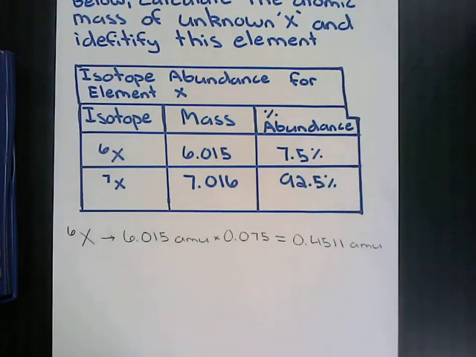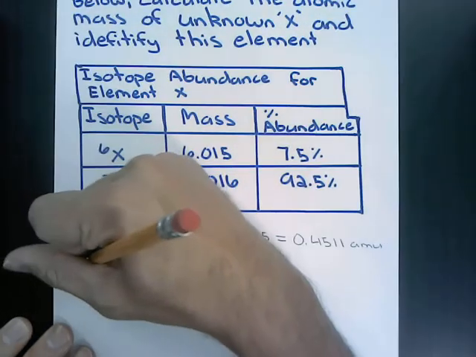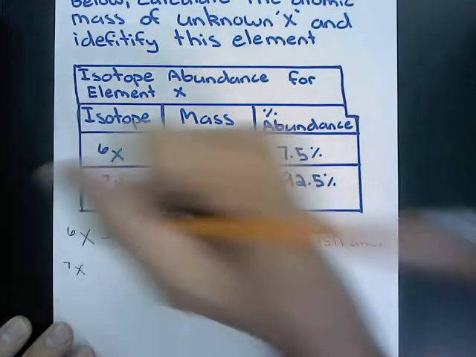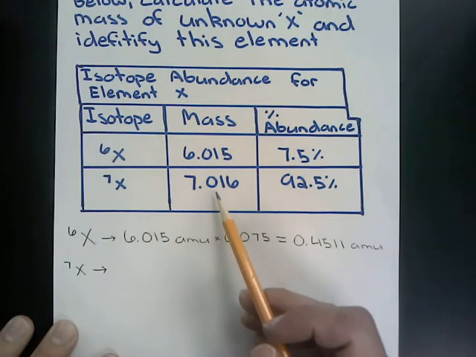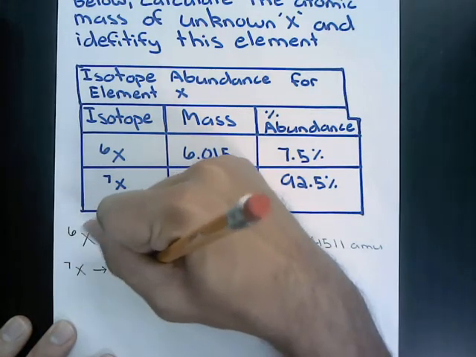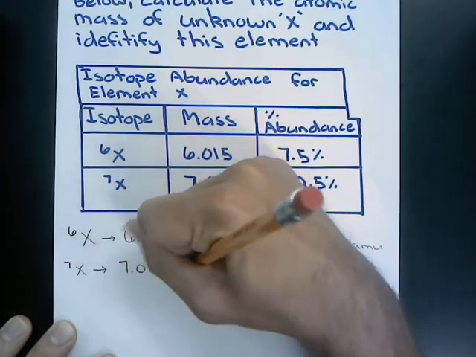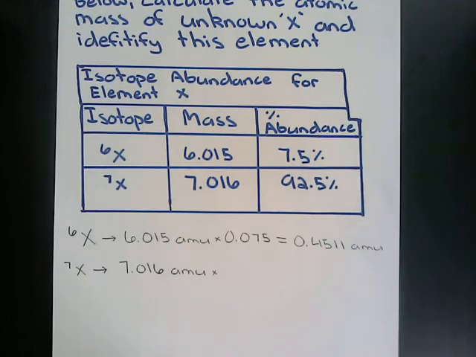Now, we have to do this for every isotope that is present for any particular element. So we move down to this X7. We're going to do a very similar thing where we need to take the atomic mass, which is 7.016 AMU, and multiply it by the percent abundance, but we must take that out of percent form and put it into decimal form.